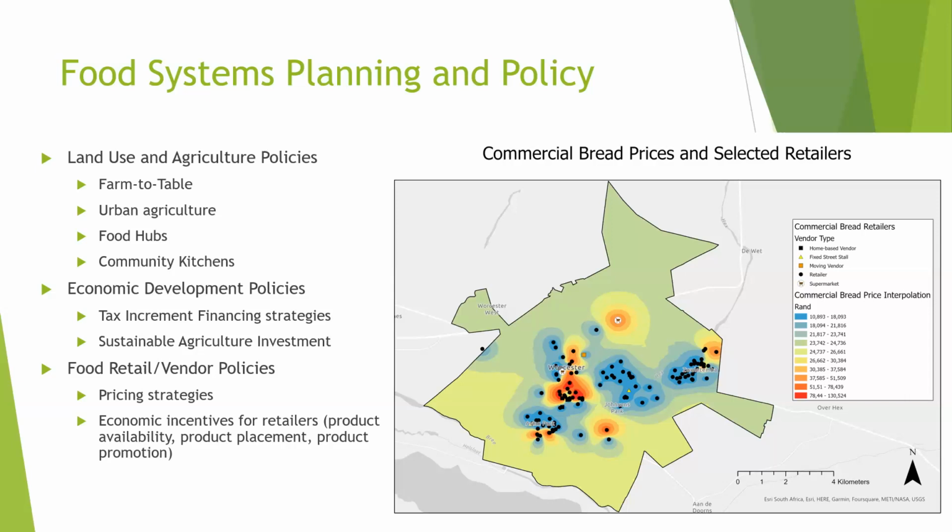So what this can inform is pricing strategies. If there are areas where, for example, fruits and vegetables are unaffordable, it provides an idea of where we want to prioritize pricing strategies or economic incentives for retailers for product availability, product placement, and product promotion.